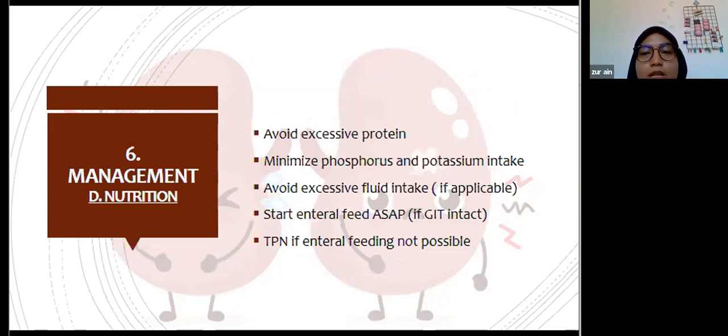So generally, the nutritional requirements of patients with AKI apply, except that they need to avoid any excessive protein intake or excessive fluid intake if applicable, and minimize phosphorus and potassium intake. If the GI tract is still intact and functional, we can start enteral feeds as soon as possible.